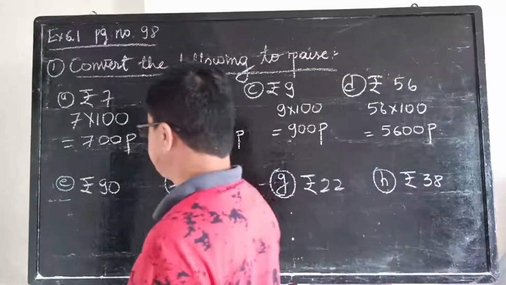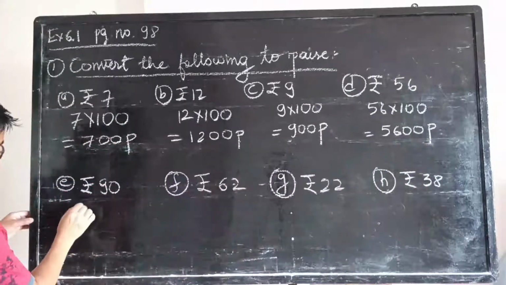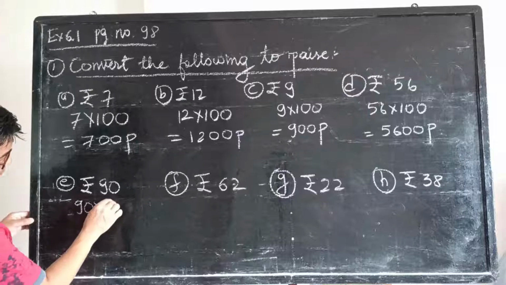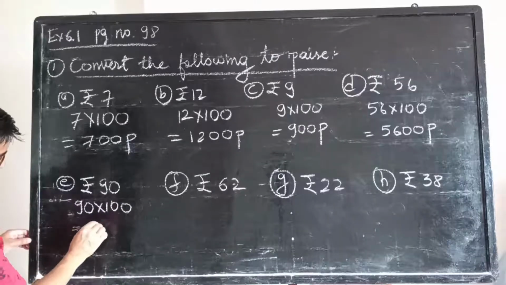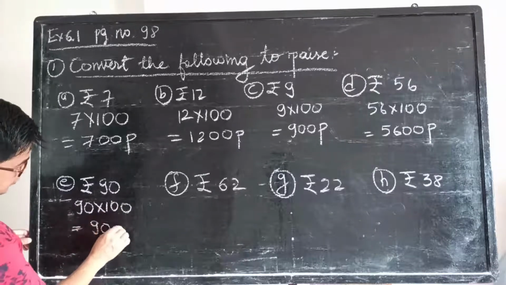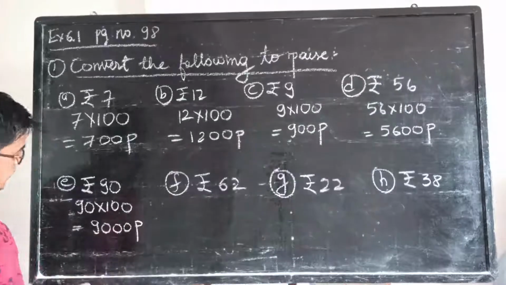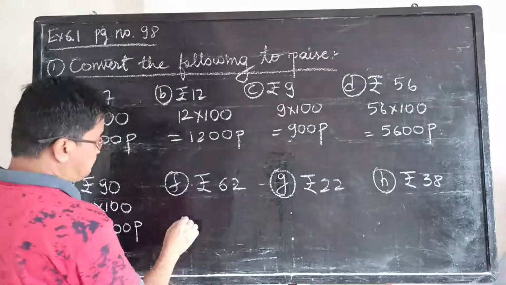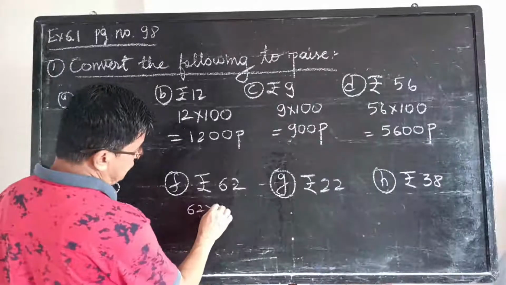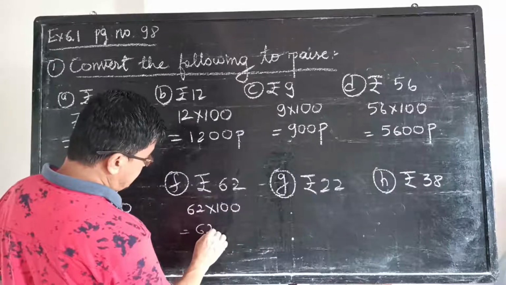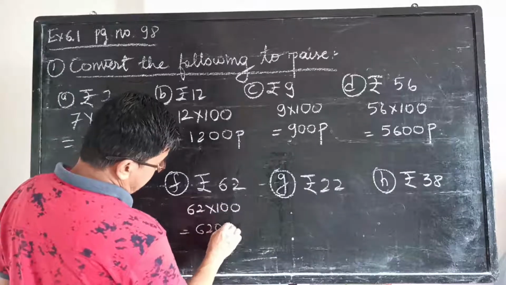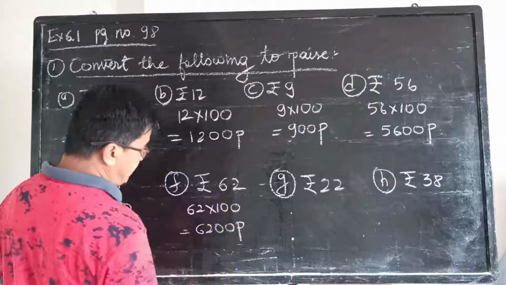5600 paise. Now 90 rupees, 90 into 100 is equal to 90, then 2 zeros, 9000 paise. Here also 62 into 100 is equal to 62, then 2 zeros, 6200 paise.